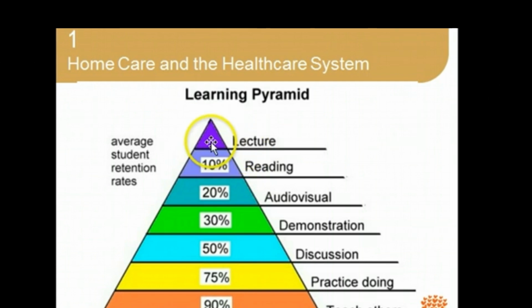Simply sitting in lecture, which I've done decades of that as a student, we retain very little. Reading, we don't retain that much. Often we have to read over and over and make notes and things like that to help us retain. Audiovisual, that's a little better. Demonstration, getting closer. We tend to remember things if we're involved in actually doing something or watching something happen.